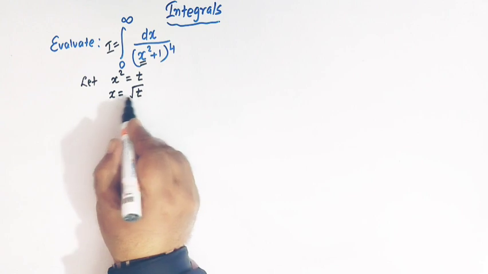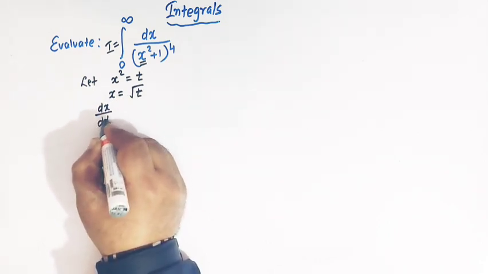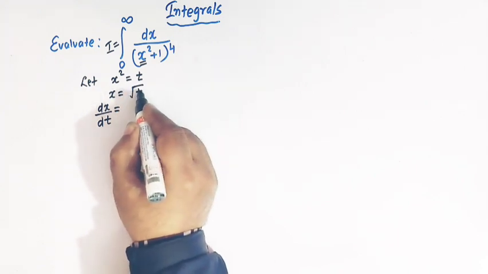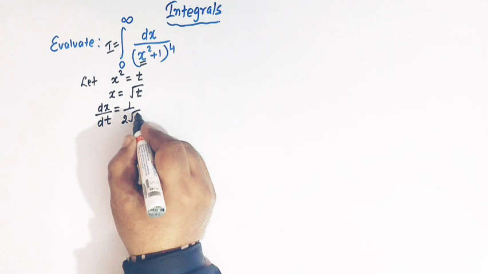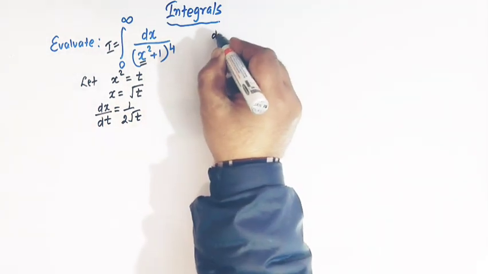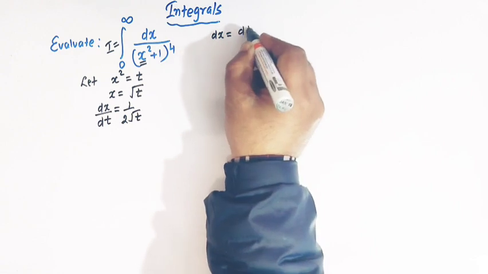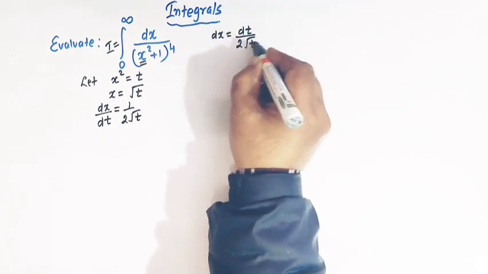Now let us differentiate x with respect to t. So we have dx over dt, and the derivative of square root of t is 1 over 2 times square root of t. So we can now write dx is equal to dt over 2 times square root of t.